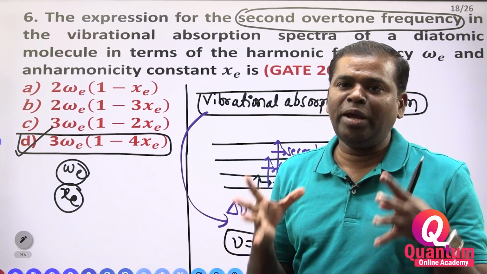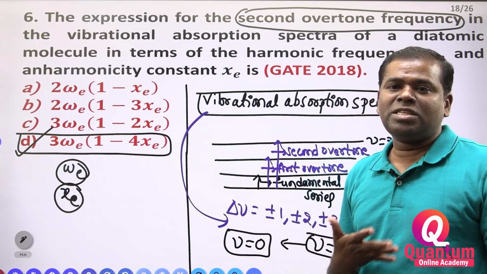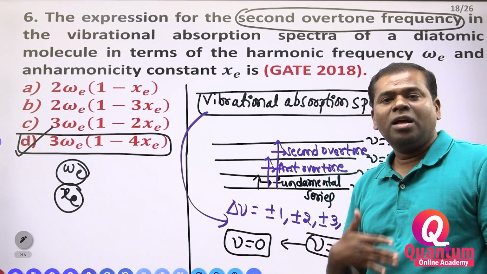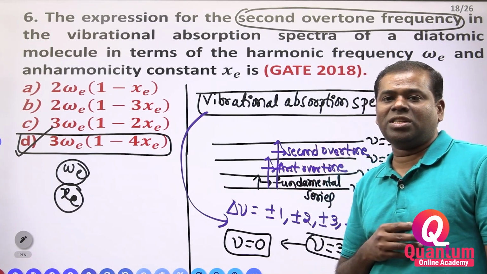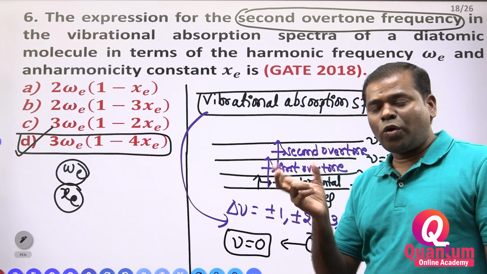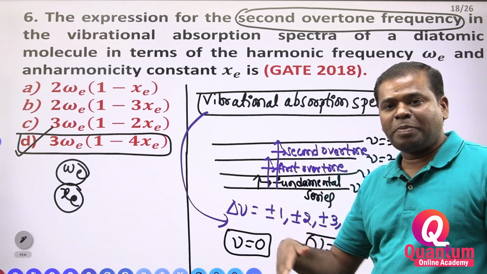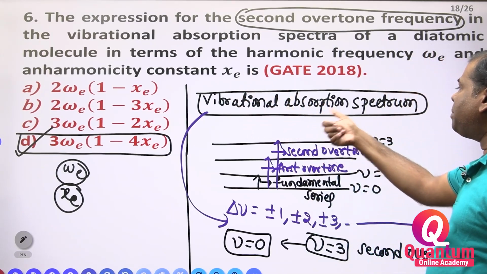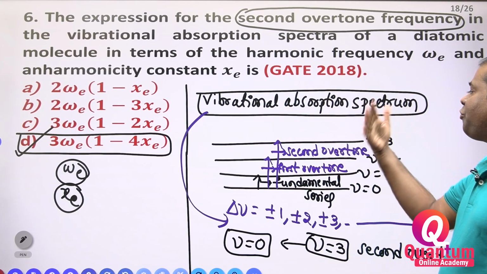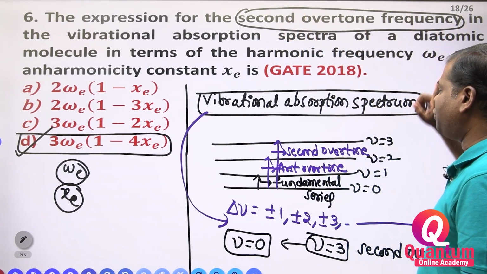You may know the electronic, vibrational and rotational energy levels, so you come to know those spectra. Which spectrum is it? It is a vibrational absorption spectrum. From the vibrational absorption spectrum, they are asking the second overtone frequency.